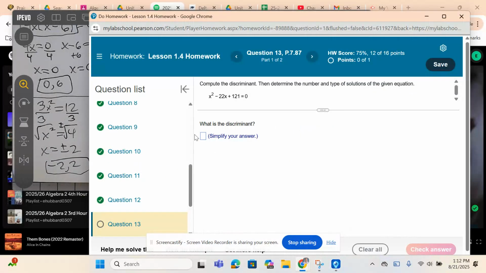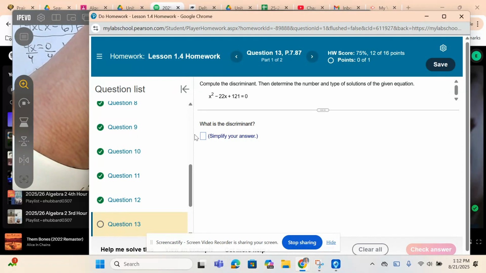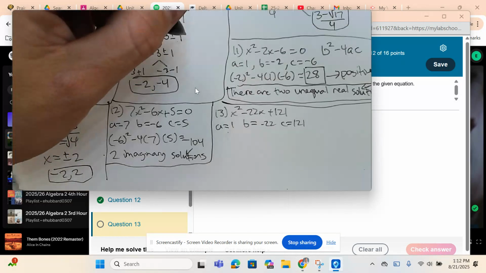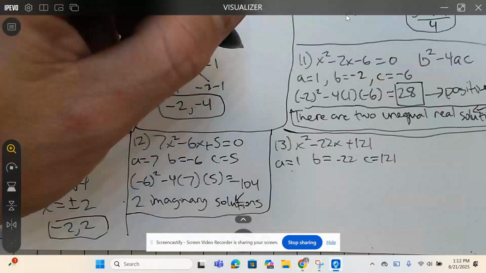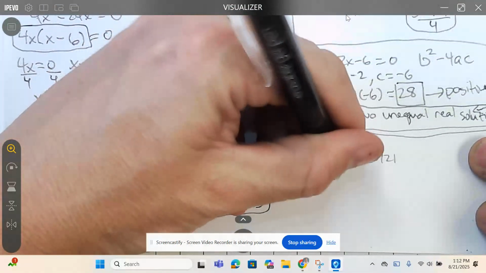Compute the discriminant. So I've got x squared minus 22x plus 121. A is 1, B is negative 22, C is 121. So I'm going to do B squared minus 4AC.